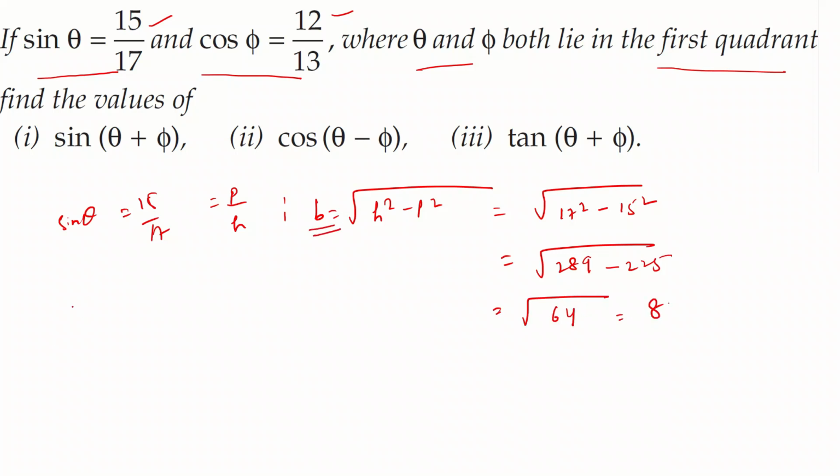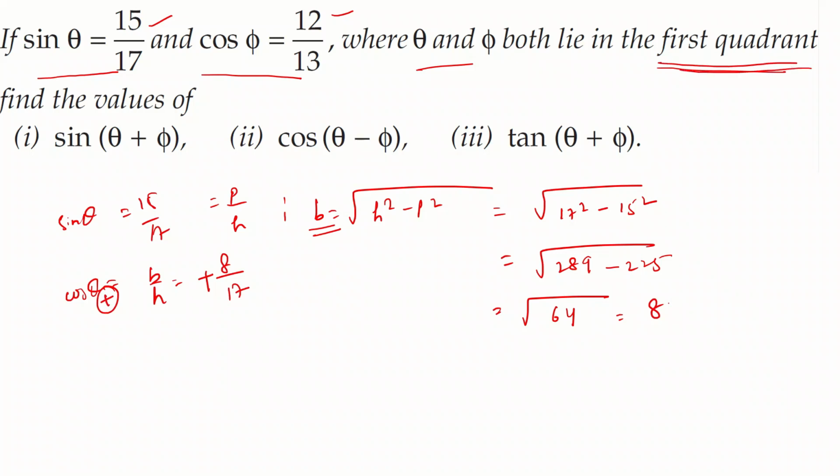So sine theta is 15 by 17. So what is cos theta? Cos theta is base by hypotenuse, which is 8 by 17, and it will also have a positive value because theta lies in the first quadrant. They are saying that theta and phi both lie in the first quadrant.